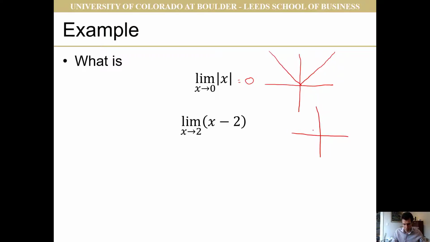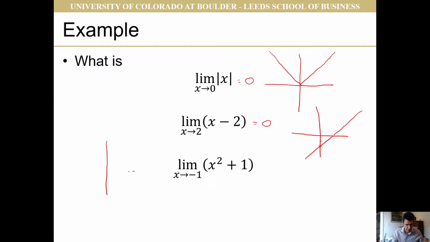Well, 1, 2, so the function is a straight line going through these points, and as x approaches 2 from the left, it approaches 0, and as x approaches 2 from the right, it approaches 0, which means this limit is also 0. Finally, let's do the limit as x goes to -1 of x squared plus 1.